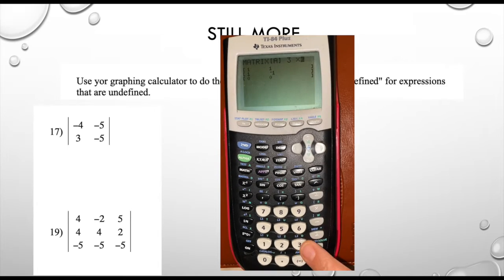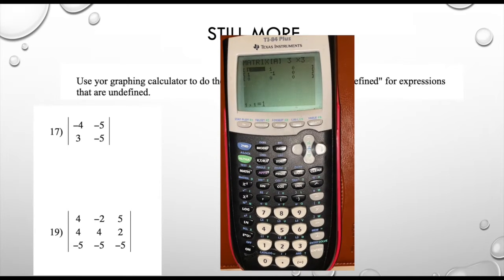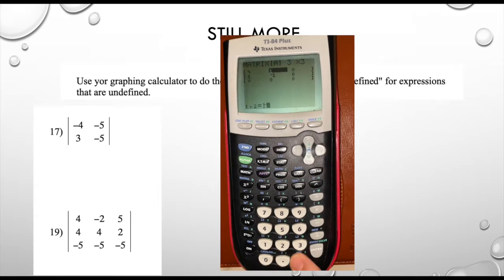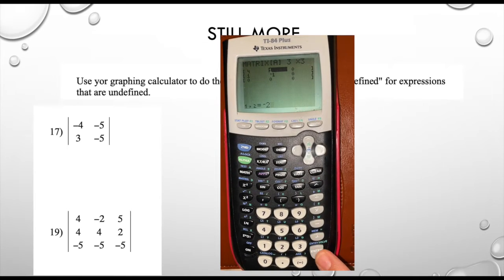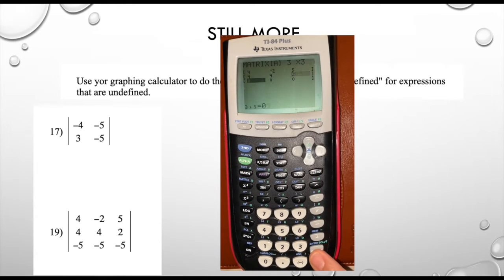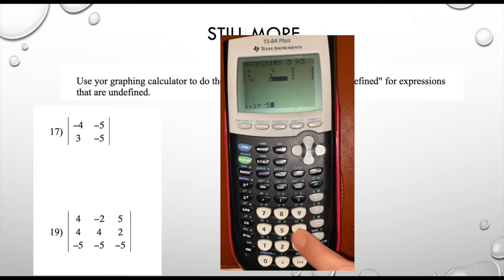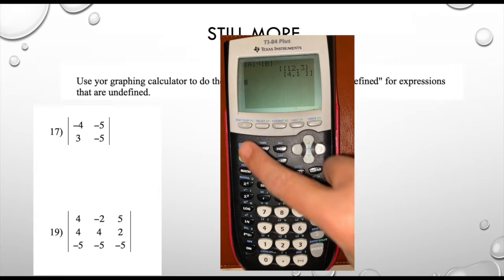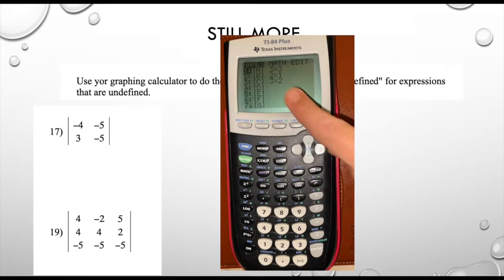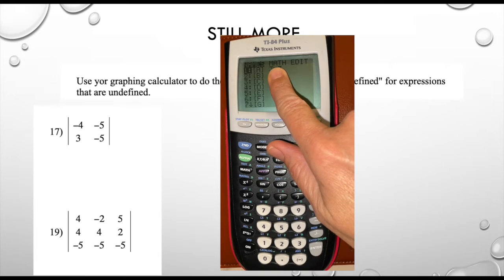It's a 3 by 3. I'm going to go across: 4, -2, 5, 4, 4, 2, -5, -5, -5. And then we'll get into the math menu here.